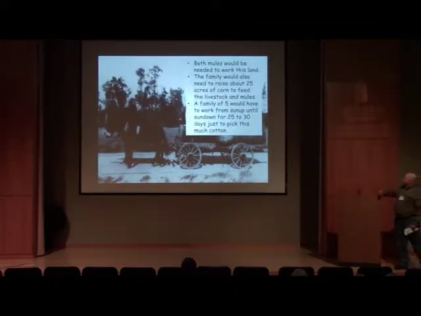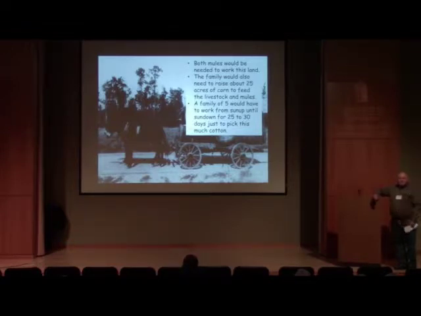Both of the mules would be needed to work this land. The family would also need to raise about 25 acres of corn. Corn yields were 5, 10 bushels per acre, not much, but it would take that many acres to produce the grain to feed the mules, to feed their dairy cow, to feed any livestock, the chickens, the pigs on the farm.